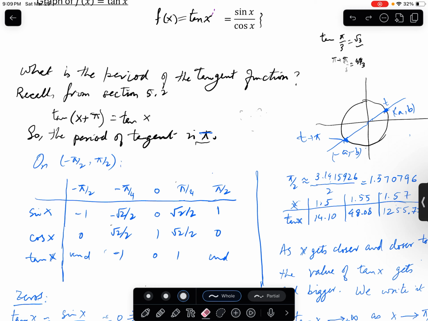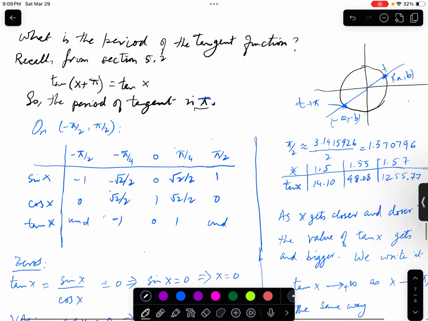Okay, let's see how we get the values of the tangent, some values that we know already. At negative pi over 2, the sine is -1 and cosine is 0, so the tangent is undefined; there is no value that exists at negative pi over 2.